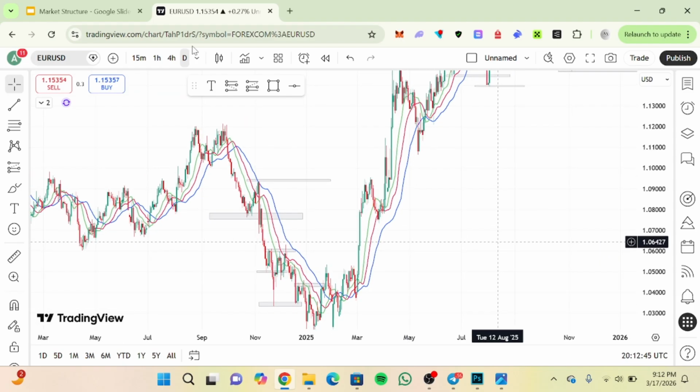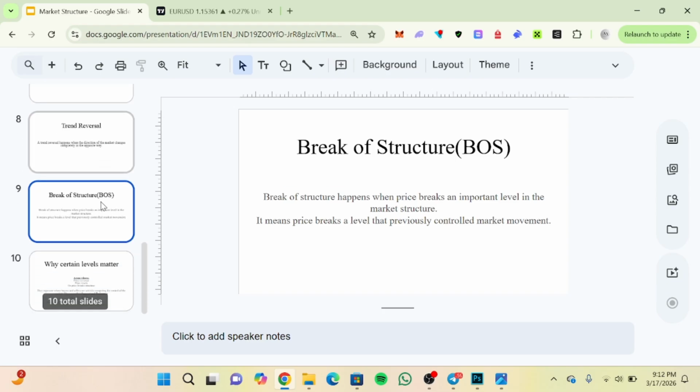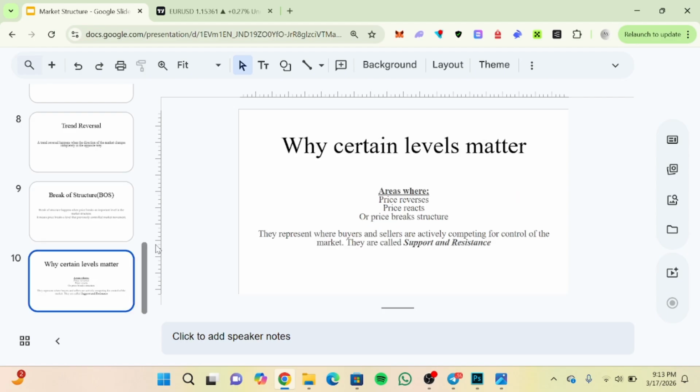So with that being said, I'm going to explain something that you might have noticed. There are certain price levels in the market that keep becoming very important turning points. You understand? And these are areas where price reversed or price reacted or price broke structure.